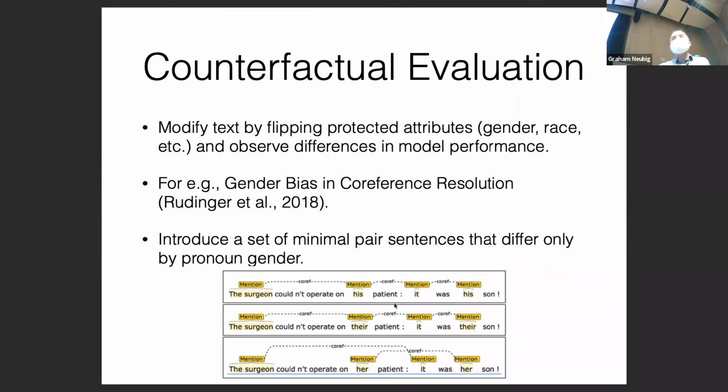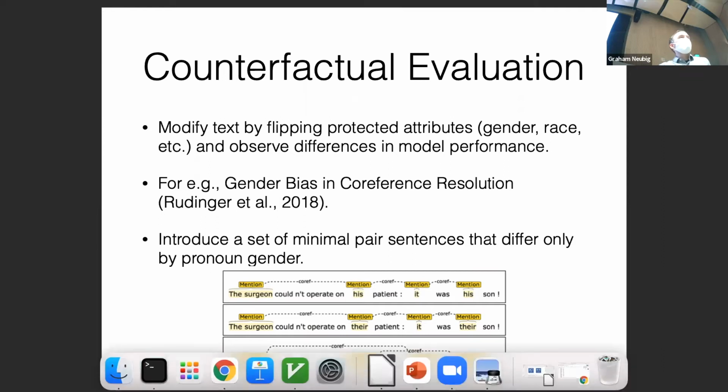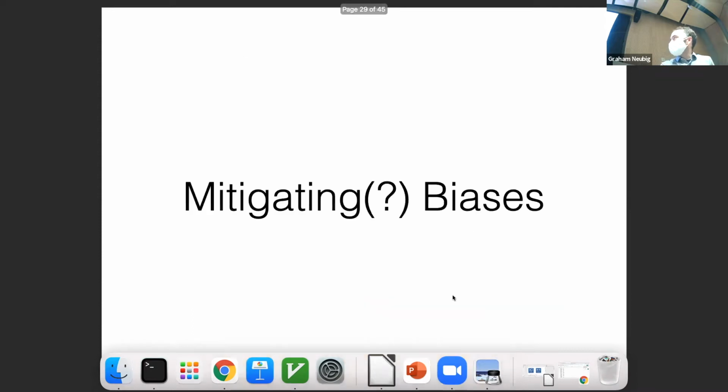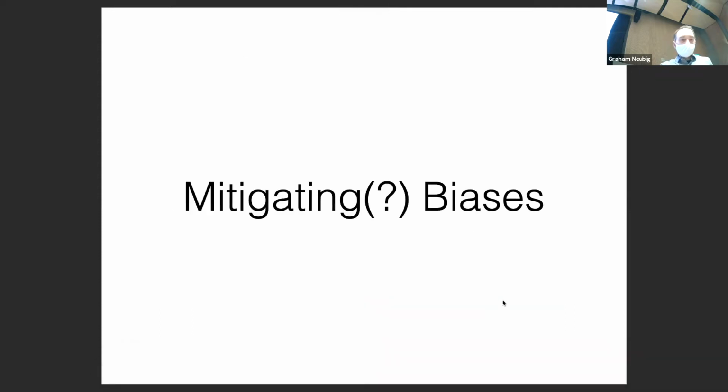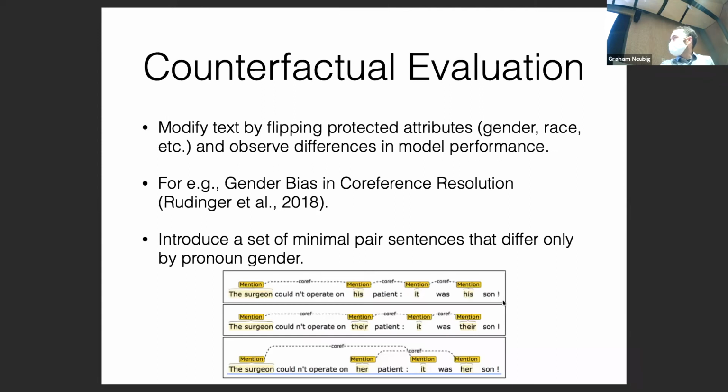The idea is that if you flip the gender of the pronoun here, you should have no difference in the performance of the system on the task that you're interested in. So that's definitely a thing that you can do. In order to do that, curating training sets is one important thing, and that's actually what I'm going to talk about next.